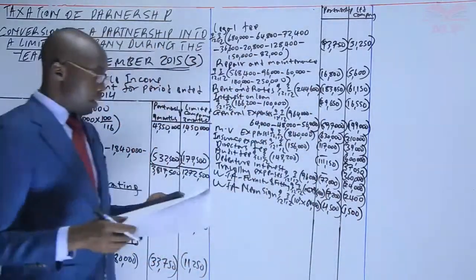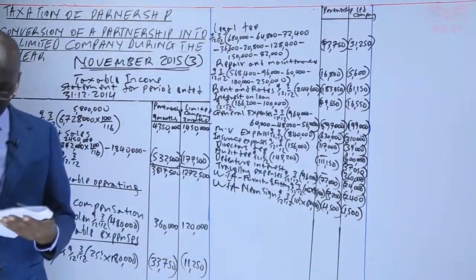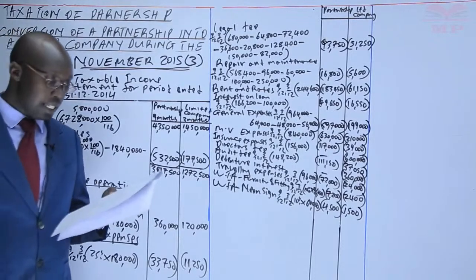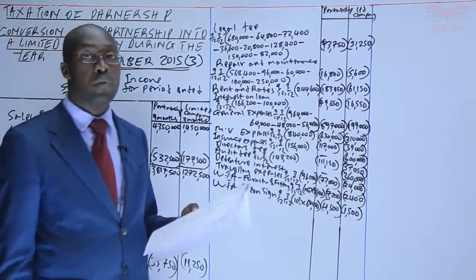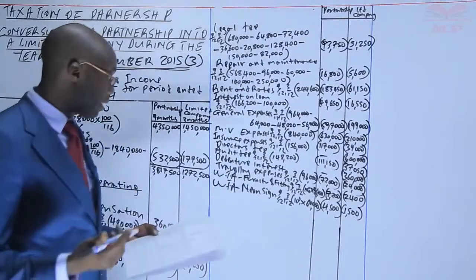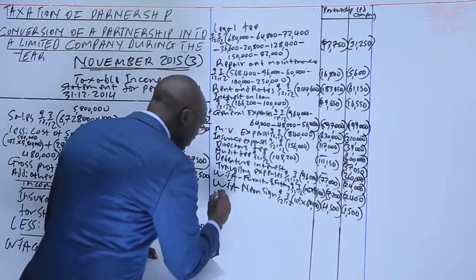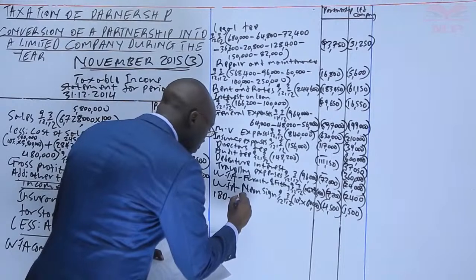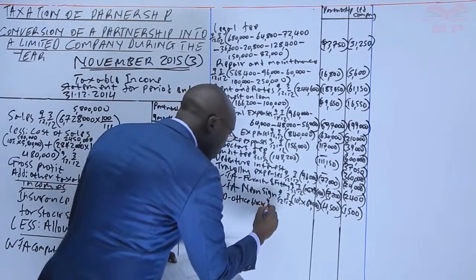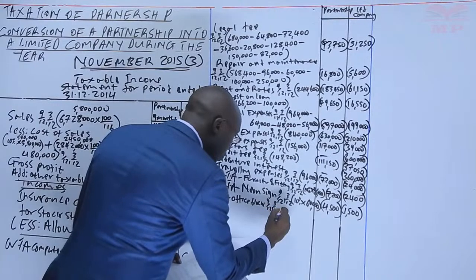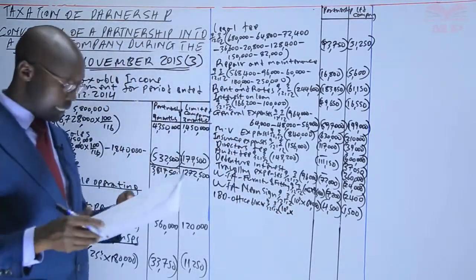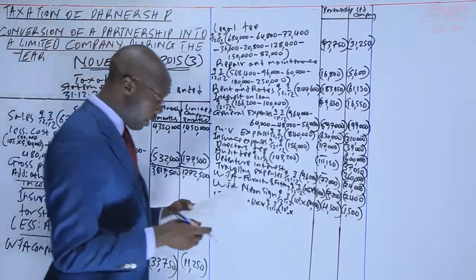And we continue. Another fixed asset that we have in point 5 is the designing of an office block. For the office block, we don't claim wear and tear, we claim industrial building deduction, IBD. So we have IBD, office block. So we have 9 over 12, 3 over 12 of the IBD we said is at the rate of 10%. So 10% of 140,000.